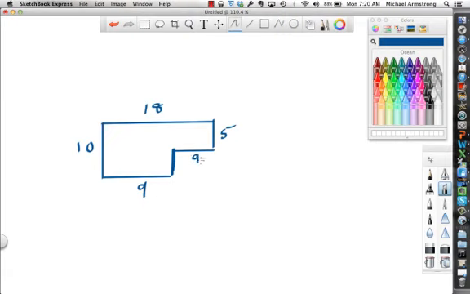Because it has to be 9 also, because 9 plus 9 is 18, and these two add up to the same length. And this length is 10, so this one has to be 5, because 5 and 5 have to add up to this length here, as long as these are all square edges, and we're assuming that they are. So that's the only other thing that might cause you some trouble, is the hidden distances. Other than that, just have fun with the lesson.